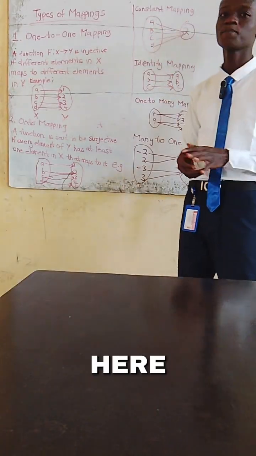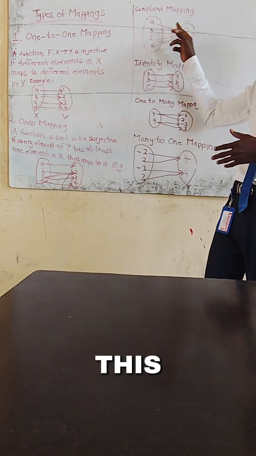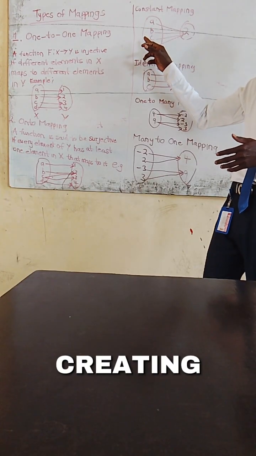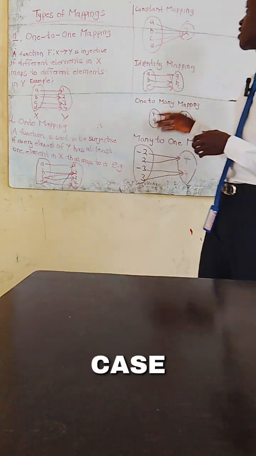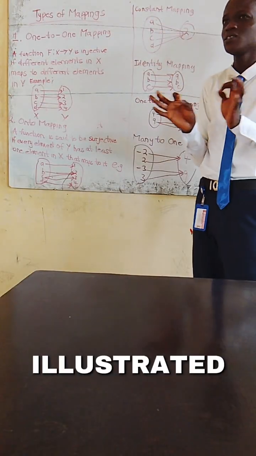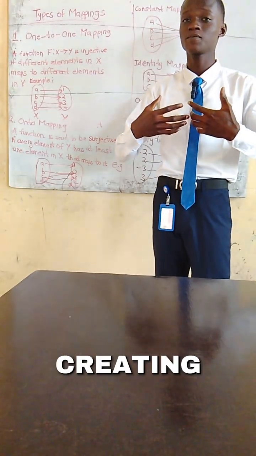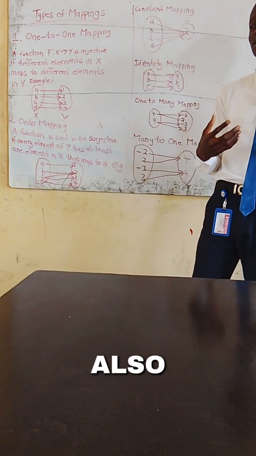If you want to classify it, we can describe it as creating humans, creating technology, creating infrastructure, and creating knowledge. So constant mapping can be illustrated with such simple things. Just classify it as God creating the universe and also mankind.